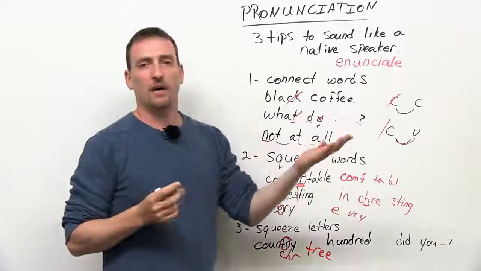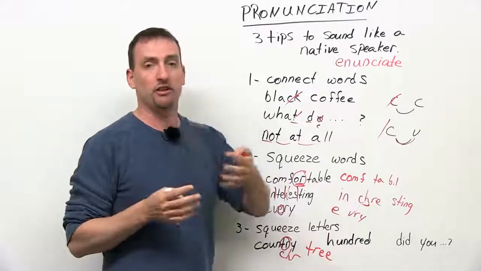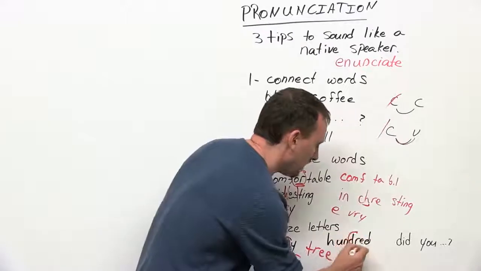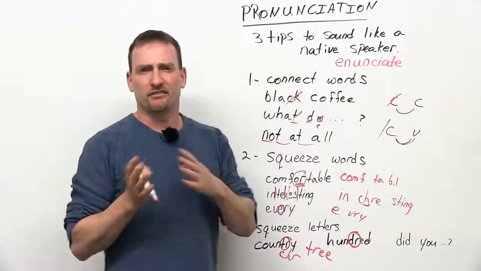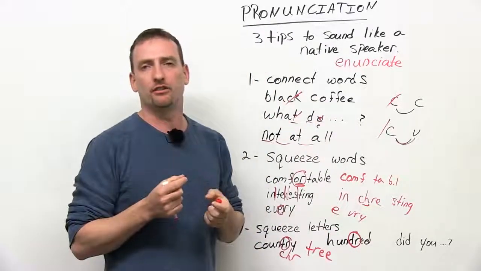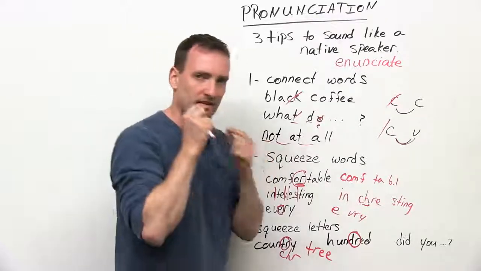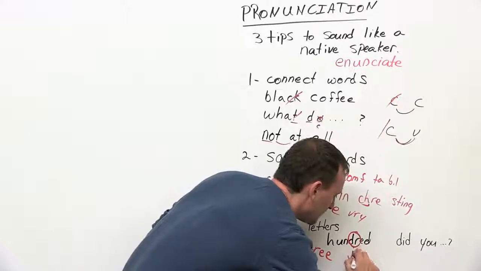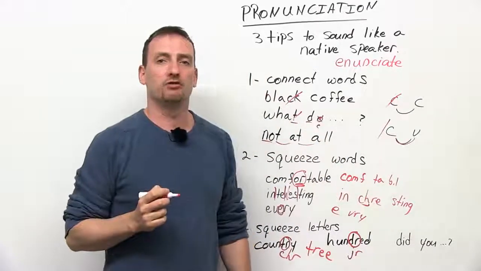Okay? If you go out with your friends, you go out for a treat. Okay? Another one is DR. DR also doesn't really sound like DR. We don't say hundred. It's too difficult for the tongue to make the quick switch. So this sounds like JR. Hundred.